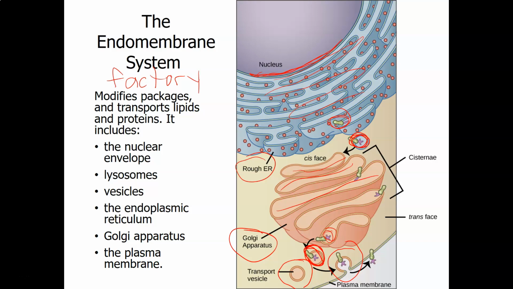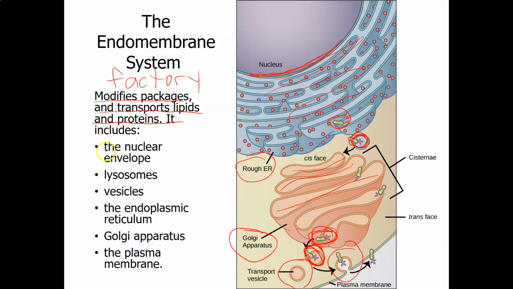So the endomembrane system modifies, packages, and transports lipids and proteins. The only thing that would be different if we were looking at the smooth endoplasmic reticulum is instead of a protein, we would be talking about lipids produced by the smooth ER.